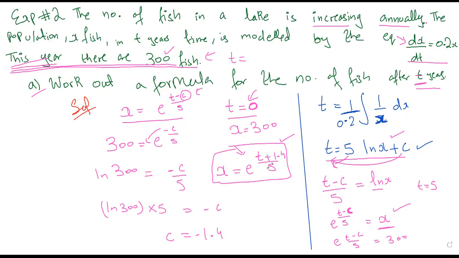This means that for t equals infinity, x would be infinity. But number one, infinity is not a value. Number two, yes, x will grow, x will become more, but not infinite. That is not possible. It is not possible that fish keeps on growing with time.